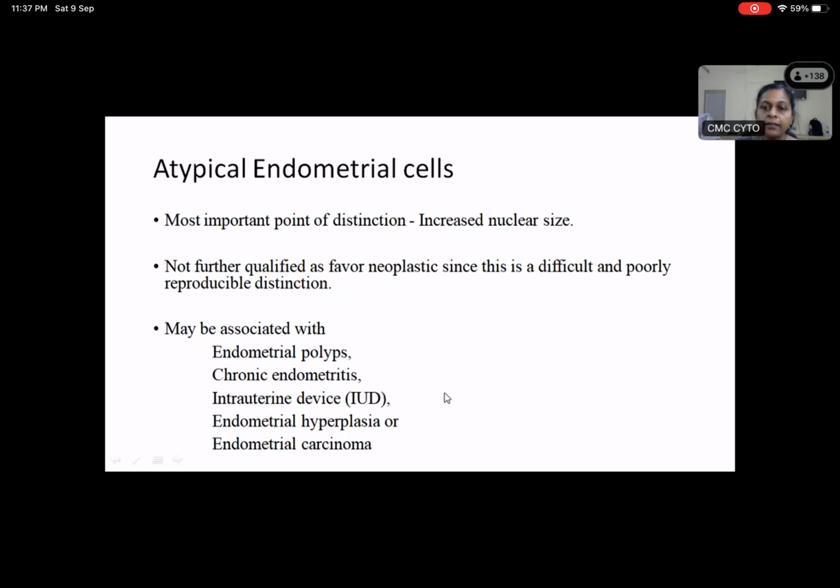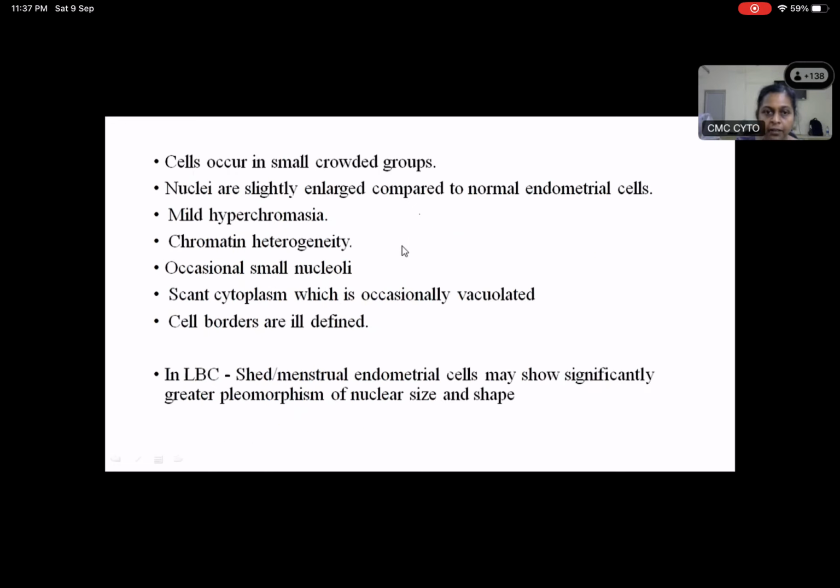So, very clearly, cervical pap smear is not the diagnostic test to identify endometrial lesion. When you're suspecting an endometrial lesion, it might be picked up on the pap smear, but the final diagnosis is only on biopsy. Okay, so biopsy becomes essential even when you call something as atypical endometrial cells.